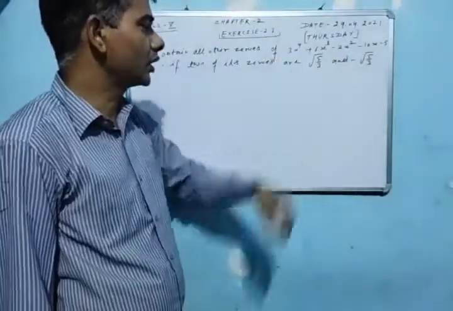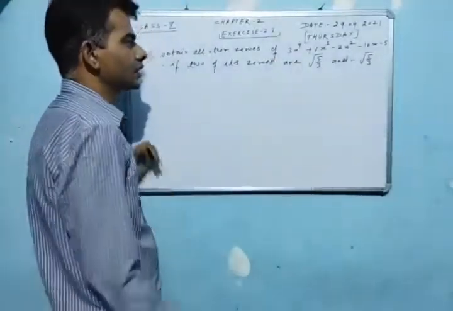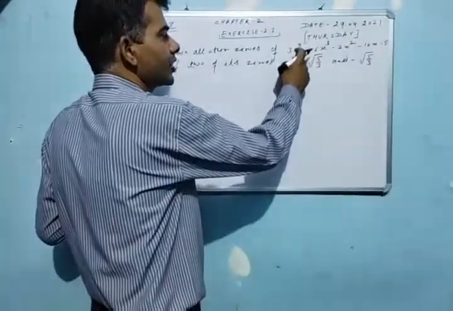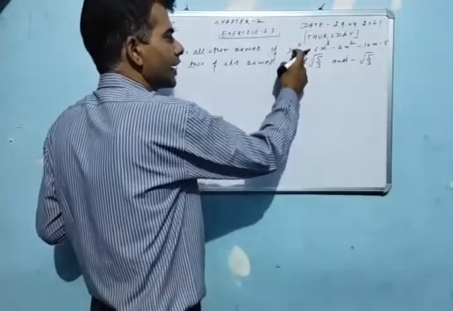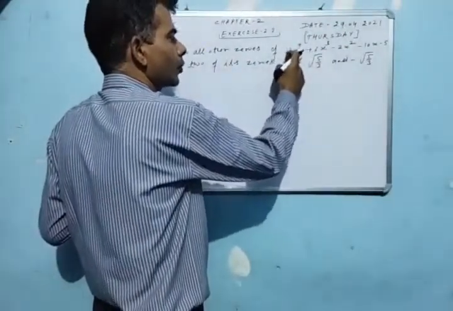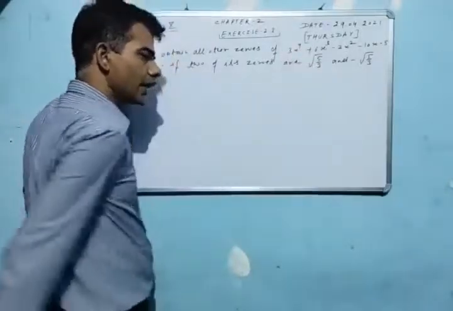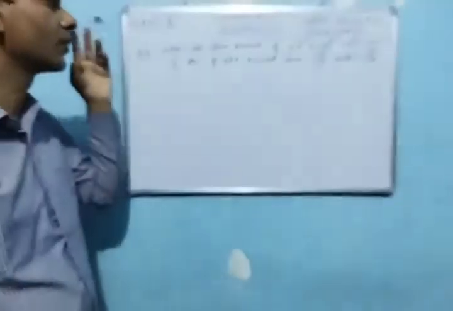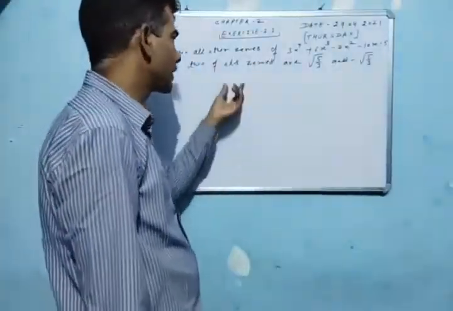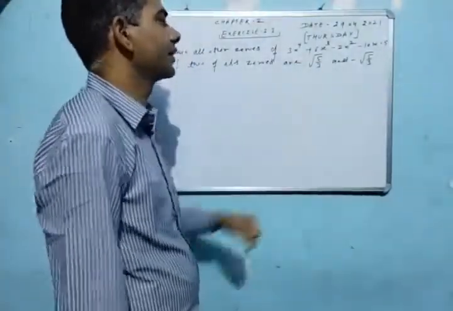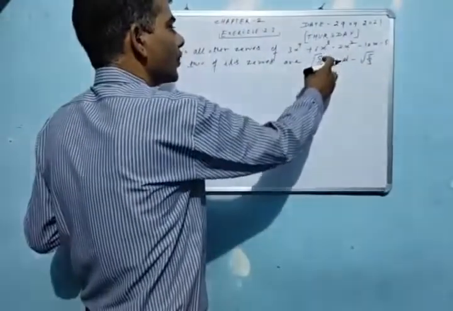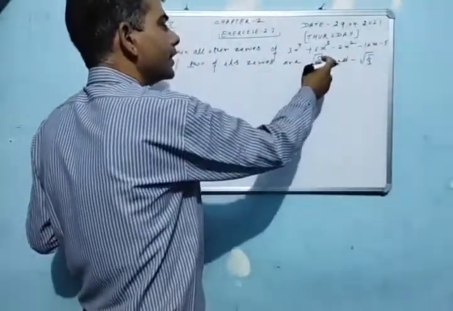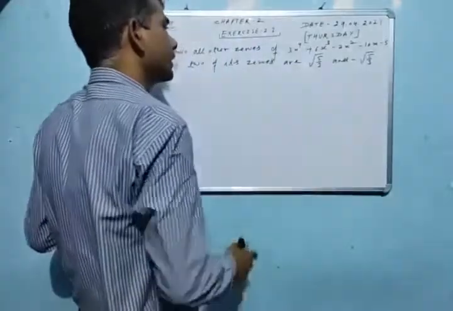Students, this is a bi-quadratic polynomial. Its highest degree is 4, so it is a bi-quadratic polynomial. As you know, in a bi-quadratic polynomial there are 4 zeros. Students, 2 zeros are given, that is root 5 by 3 and minus root 5 by 3.